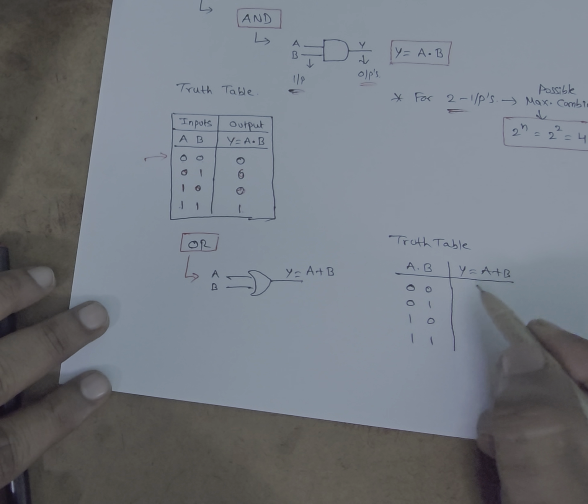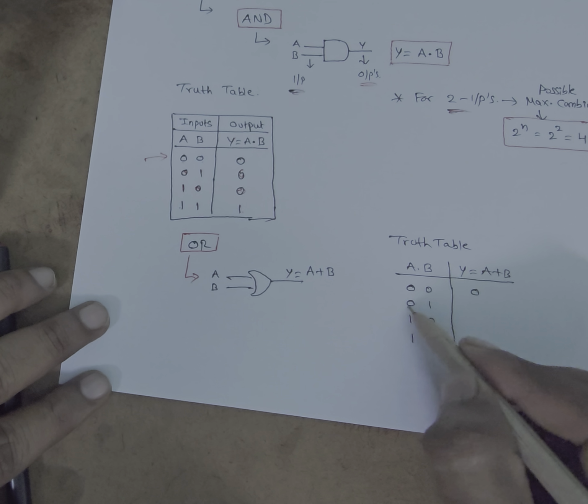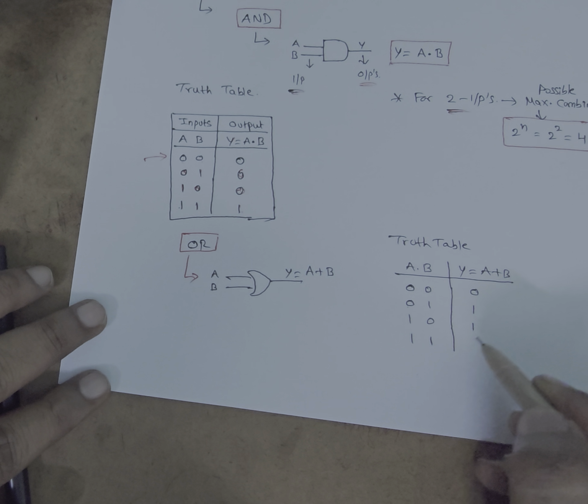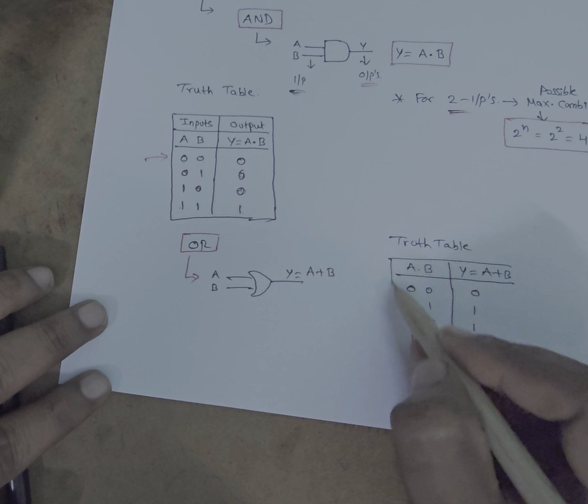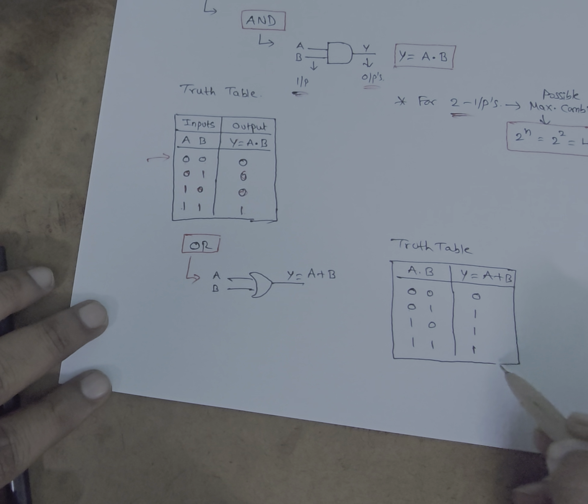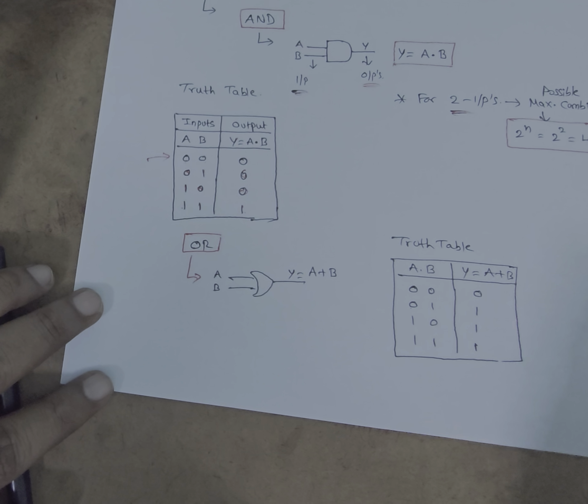And here y is equal to A plus B, so 0 plus 0 is 0, 0 plus 1 is 1, again 1 plus 0 is 1, and 1 plus 1 is 1. You have to remember this truth table of the OR gate.